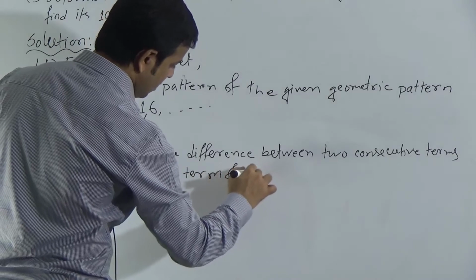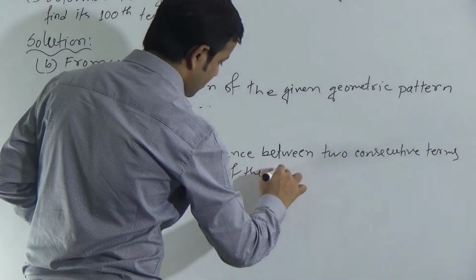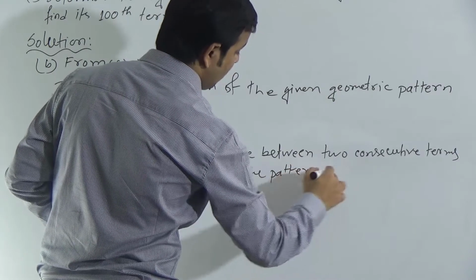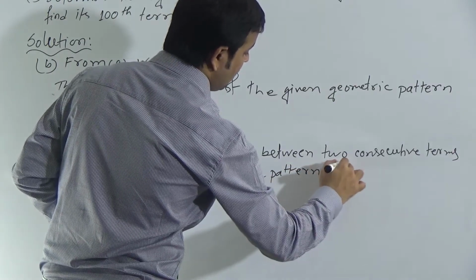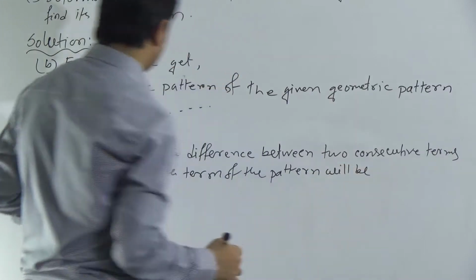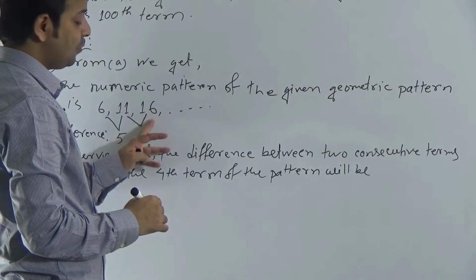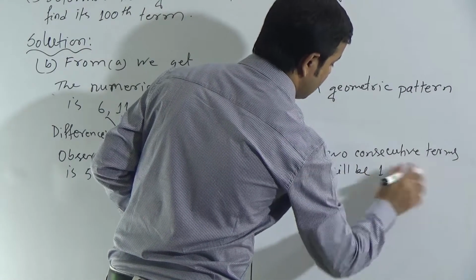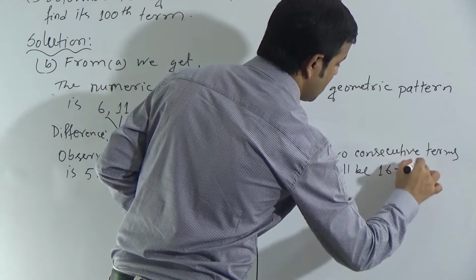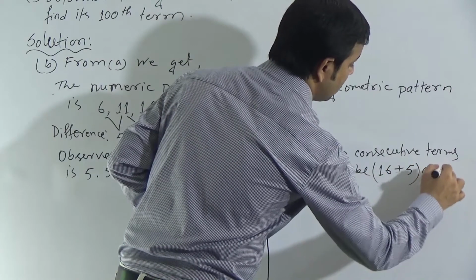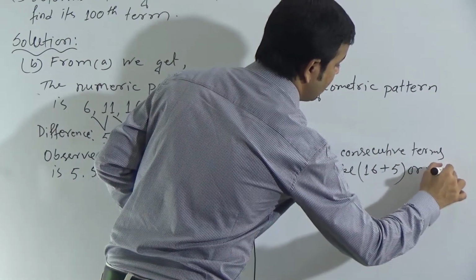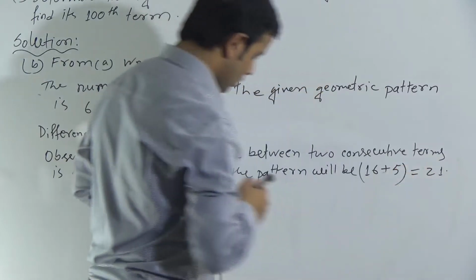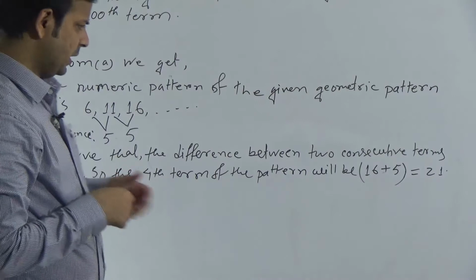So the fourth term of the pattern will be, we have to add 5 with 16. 16 plus 5, or equal, that is 21.